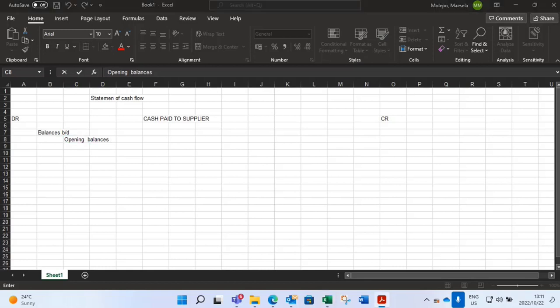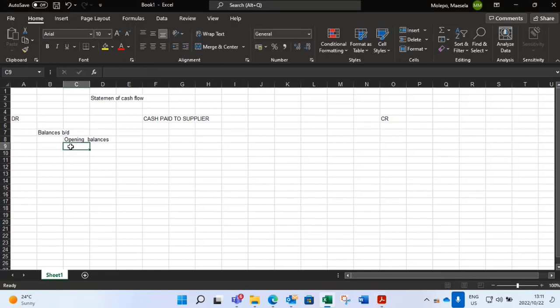In this case, you will use your inventories, and your prepaid, if you do have, sometimes you might not have.